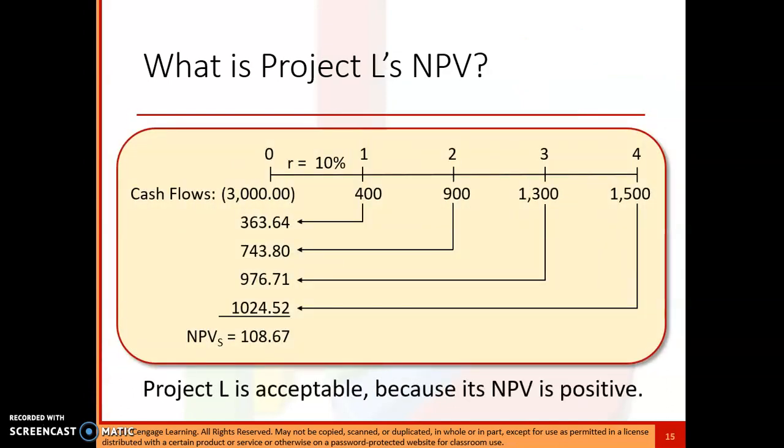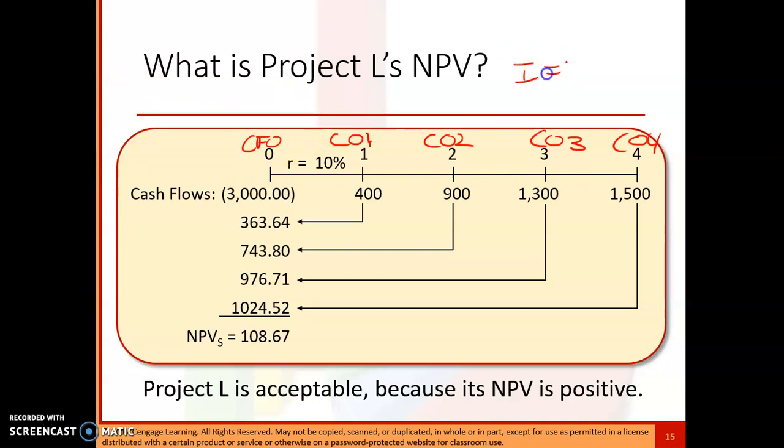Project L, again, CF0, cash flow 1, C02, C03, C04. Same process. You would enter each of these in those registers after entering the cash flow function. Second cash flow, second clear.